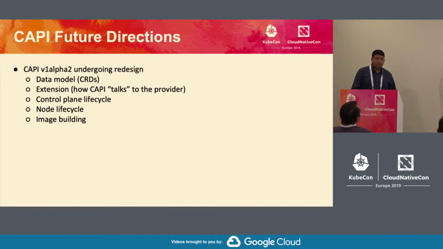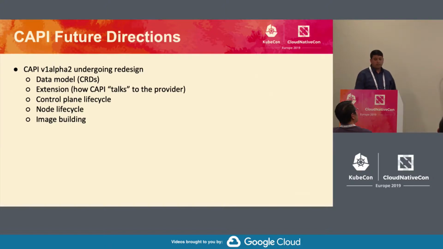A little bit of where we are headed towards. From a CAPV perspective, v1alpha2 is the current release that is being worked on at the moment, and there's a lot of redesign happening as part of v1alpha2. Some of the work streams I've listed out on the slide here. Things like the data model, which is your CRD definitions themselves; some of them might undergo some changes.